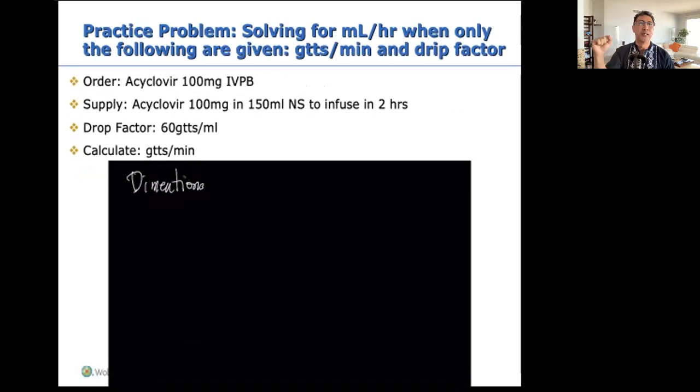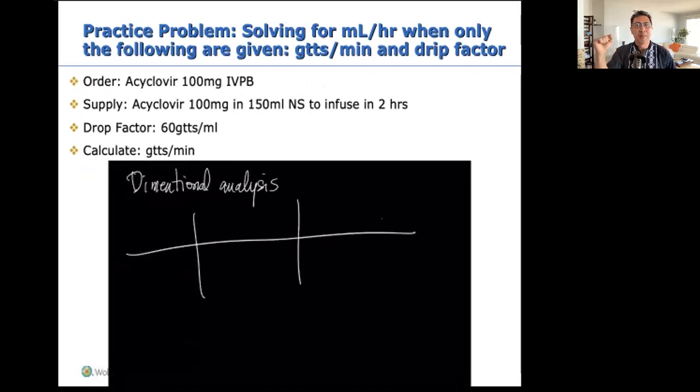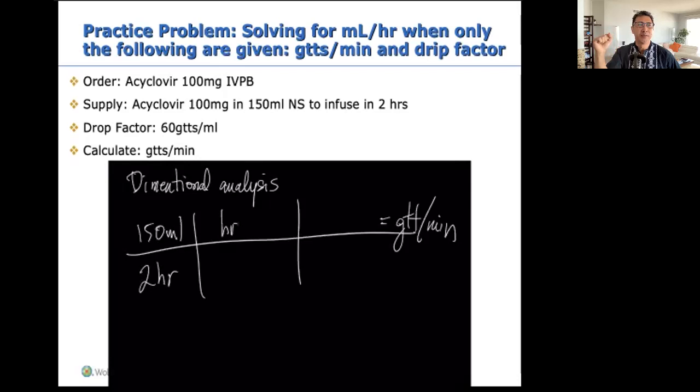So here's another one. I have acyclovir. Don't care what the antibiotic is. Acyclovir, 100 milligrams IV piggyback, in 150 mL NS to infuse in 2 hours. So now I have 150 mL in 2 hours.